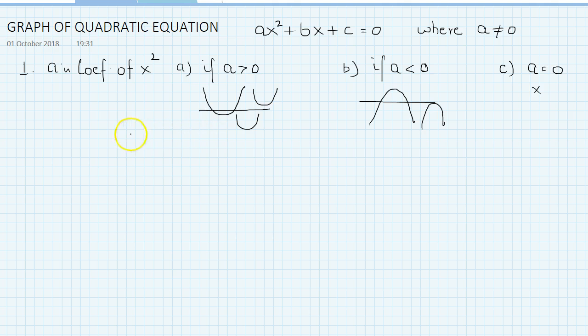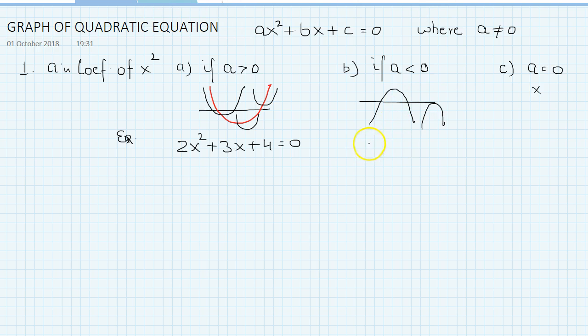For example, if the equation is 2x square plus 3x plus 4 is equal to 0, the shape of the graph is like this.